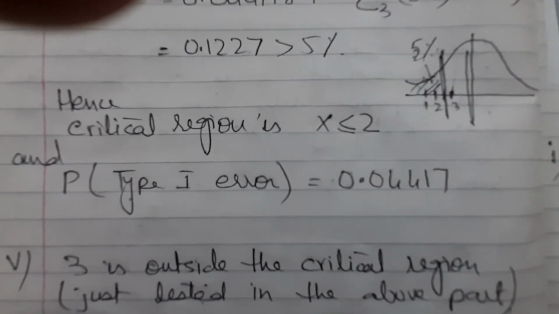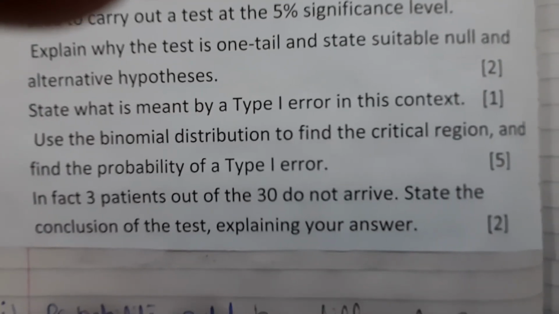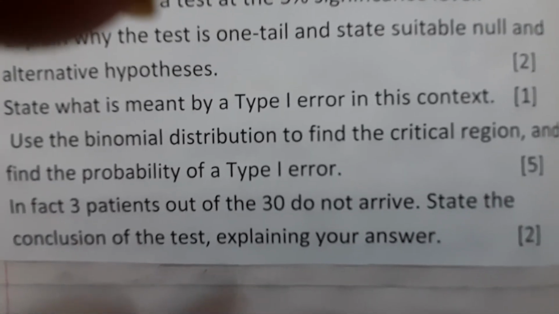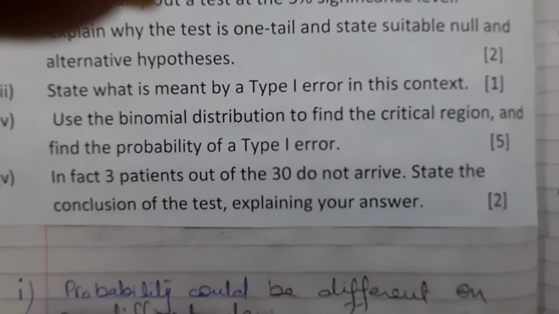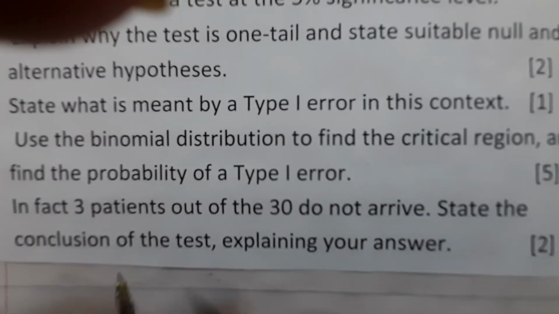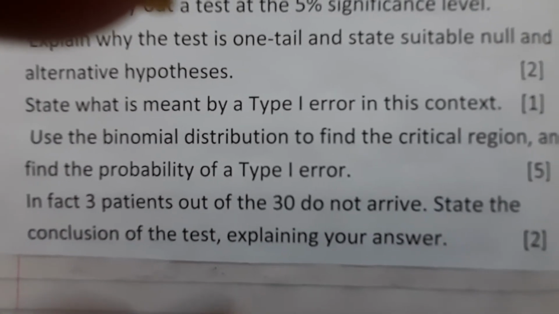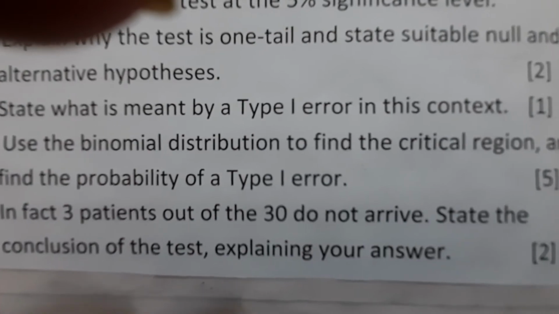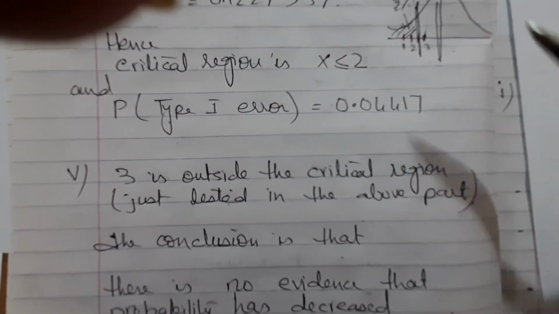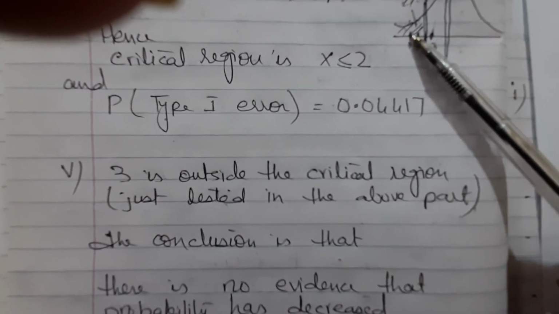Now the third part of the question was saying, in fact 3 patients out of 30 do not arrive. So what conclusion will you make based on your working up here? If 3 patients do not arrive, was 3 coming in the category of rejection criteria? Do you remember? You see, 3 was coming outside the critical region.